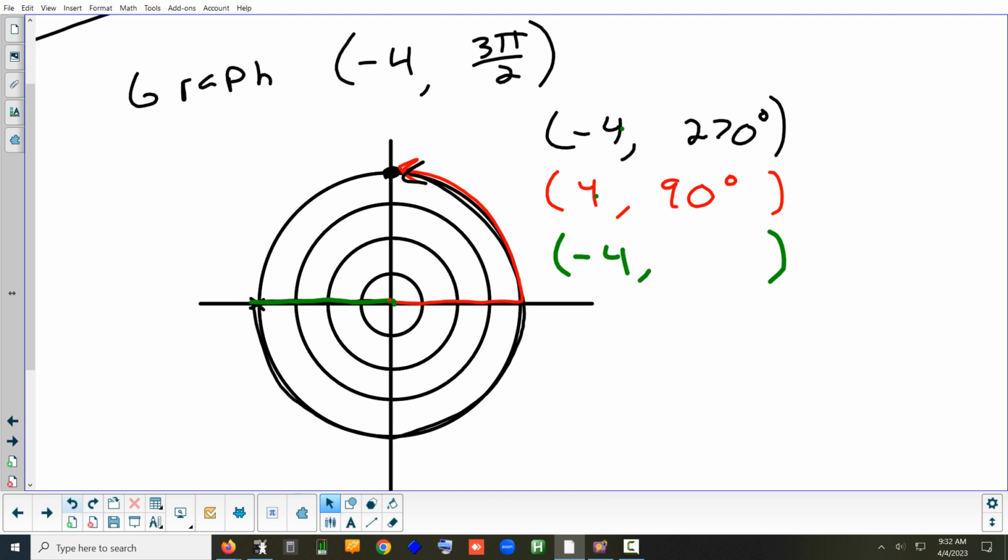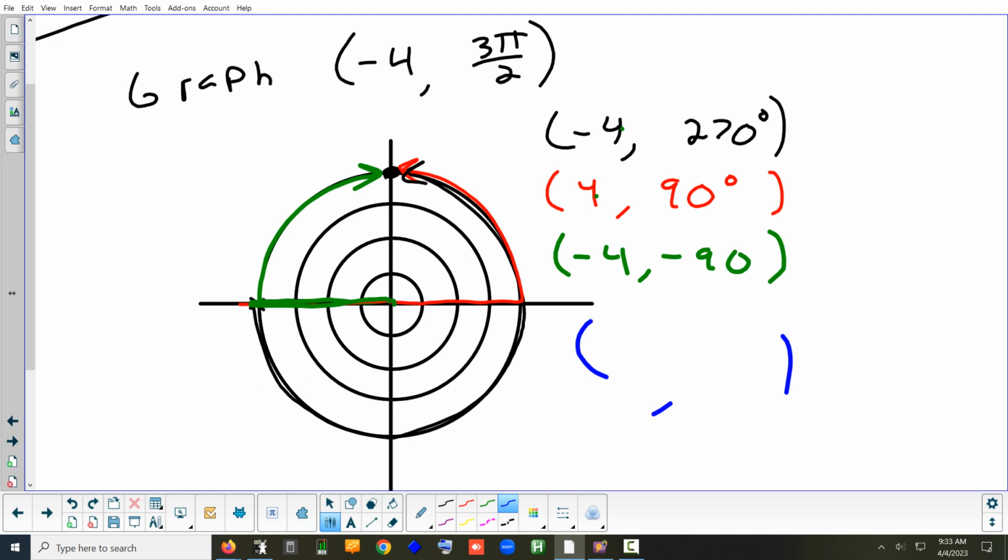For the green one, -4. And then how could I go like that? What would that angle be? Yeah, -90. And how could I go?